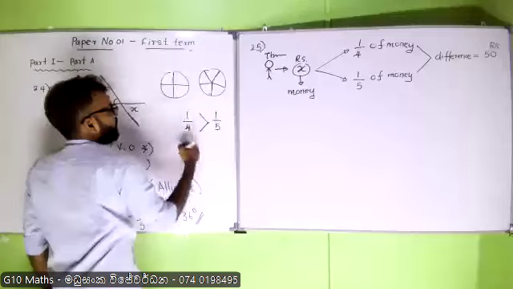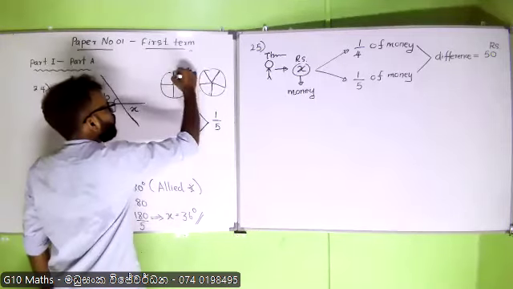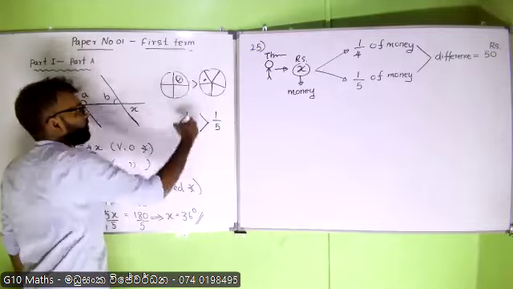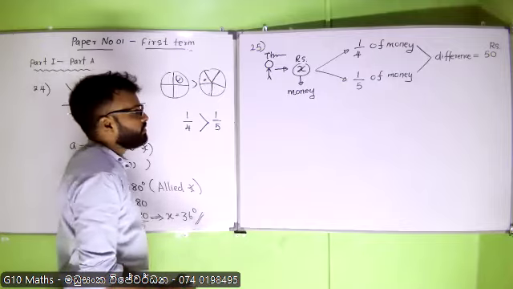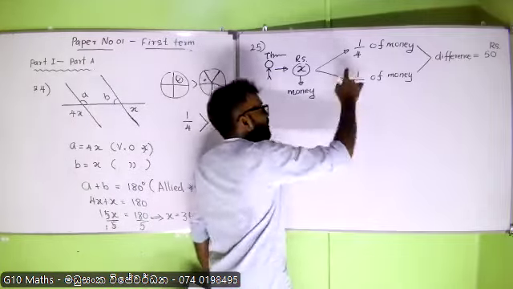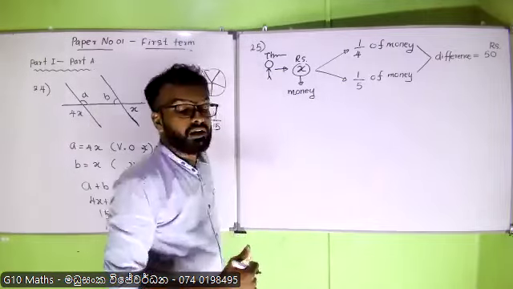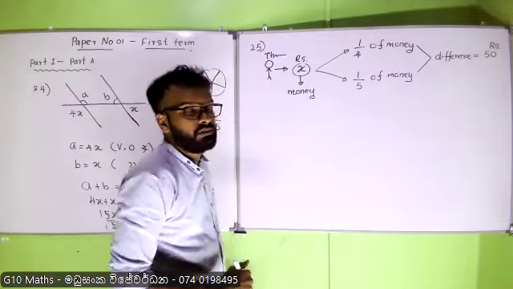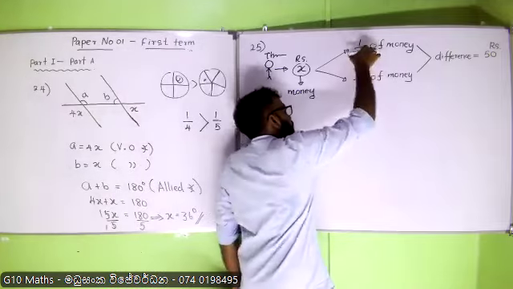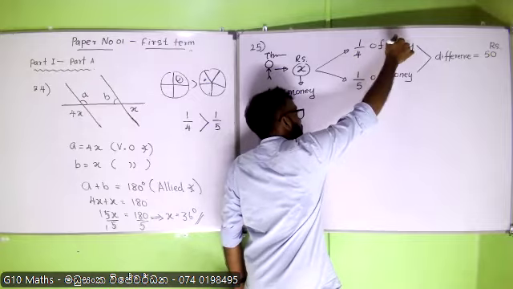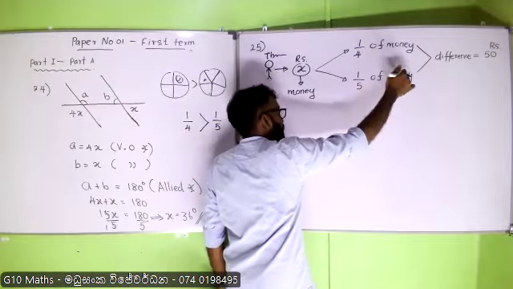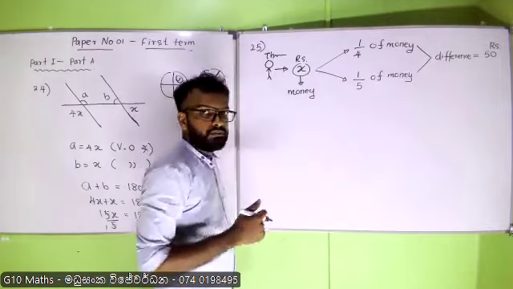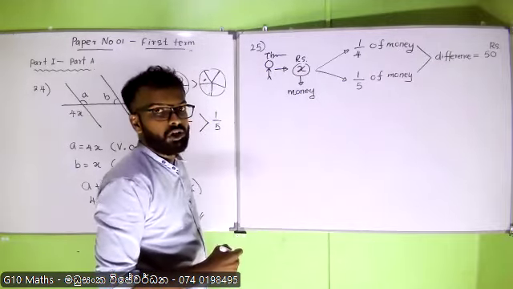Equal 5 parts, equal 4 parts. So 1/4 is bigger. You need to understand that as well, otherwise you will get a negative answer. 1/4 of money minus 1/5 of money. If you get the difference between these two, you will get 50. That is the sketch you need to understand.